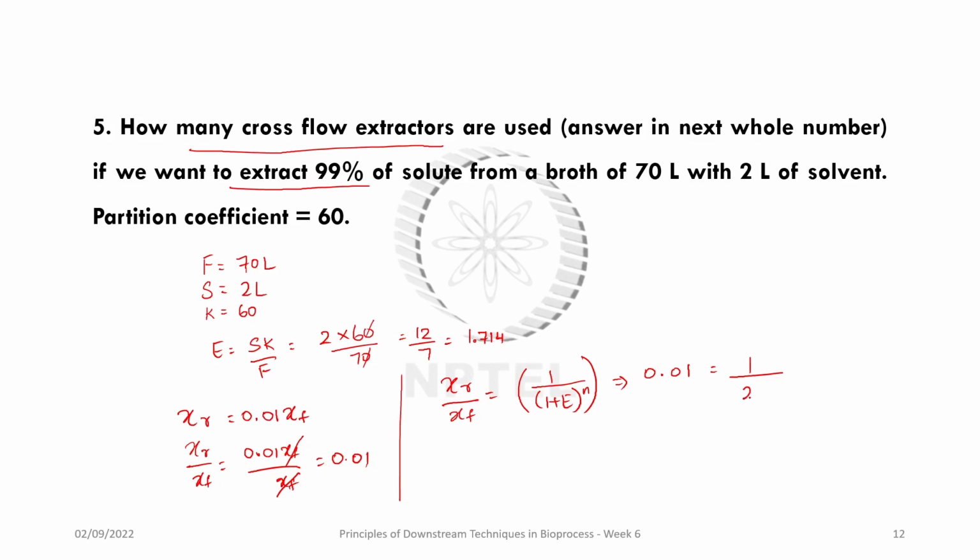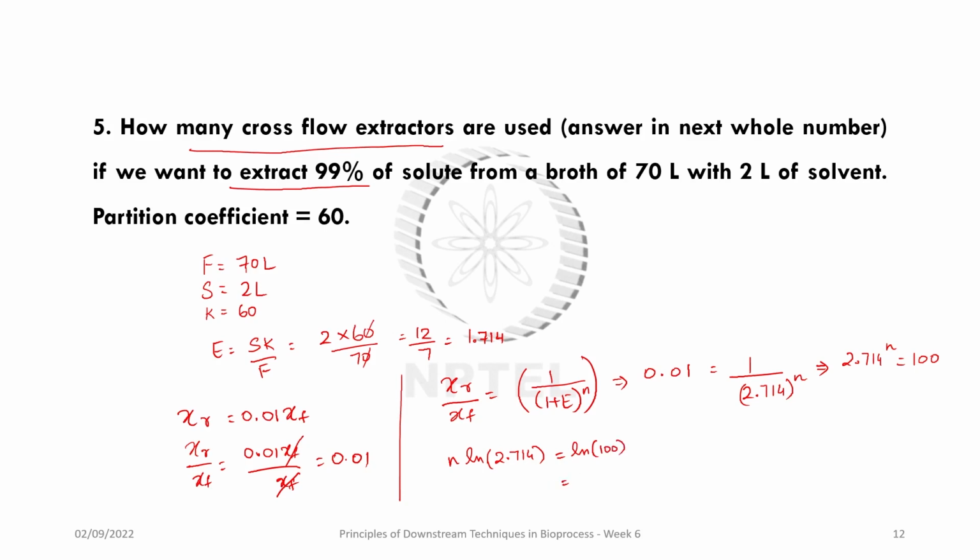So 1 plus E would be 2.714 whole power n. So I'm just going to swap the numerator and denominator here. 1 by 0.01 would be 100, correct? So let's write n into ln of 2.714 is equal to ln of 100.